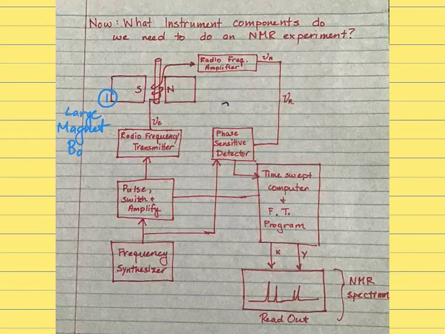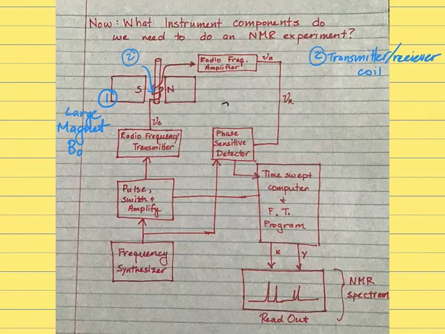The sample is then surrounded by what I'm going to call part 2, which is a transmitter-receiver coil. So this both transmits signals and measures or receives signals, this coil that goes around your sample.